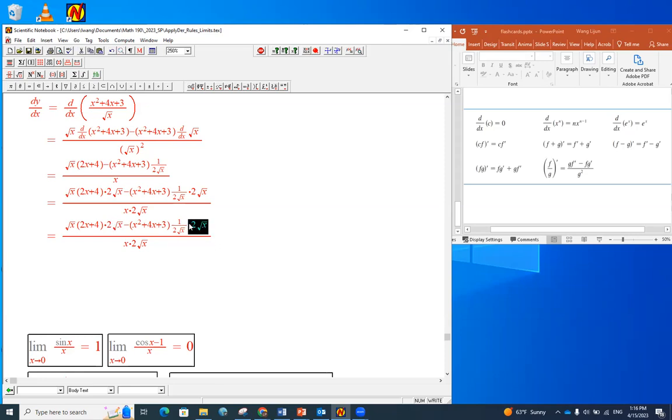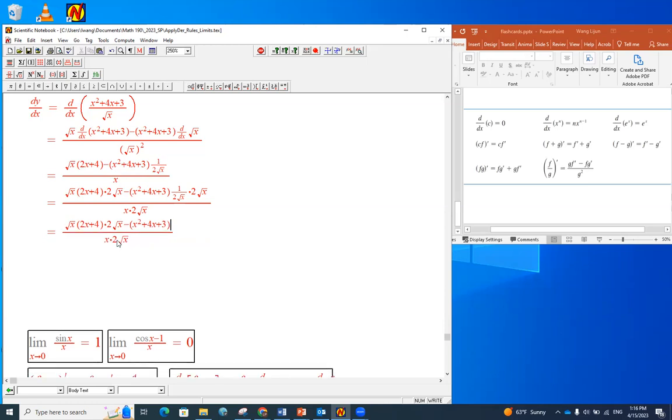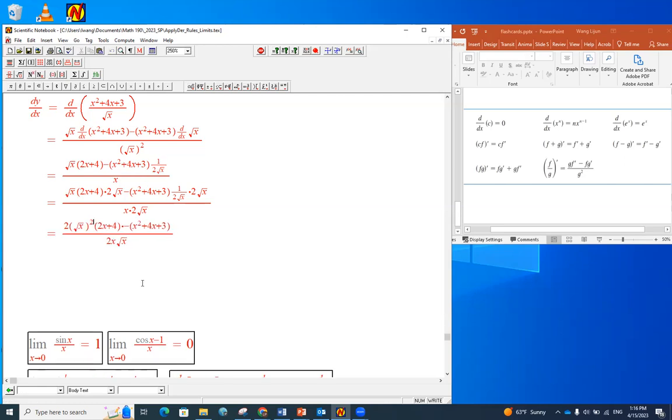Now 2 times square root of x and 1 over 2 times square root of x, this piece is reduced. Right, over here you can write it as 2x. And now how about this piece? We have root x multiplied by 2 times root x. So that's really 2 times square root of x squared, right?